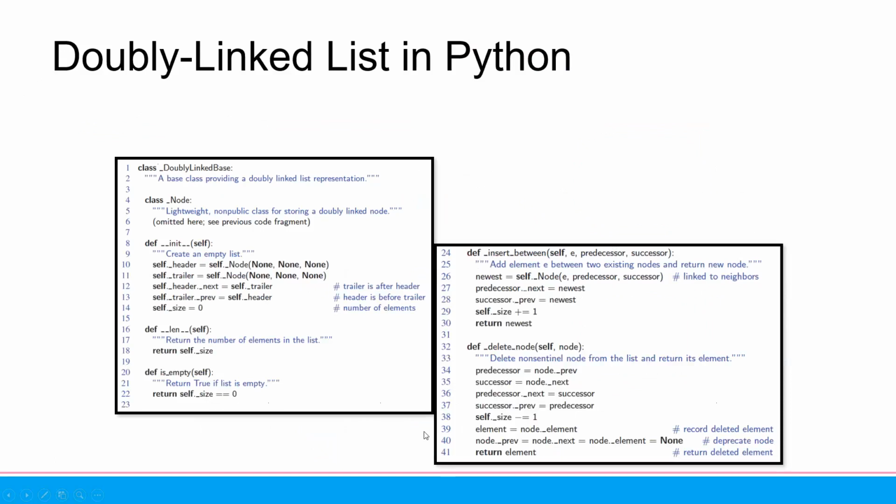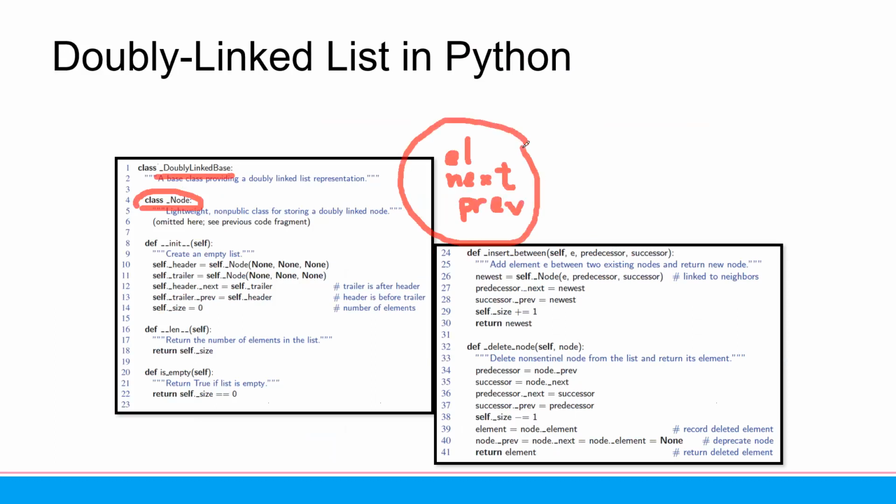This is the doubly linked list. There's a class, doubly linked base, and then the node. In the node, you can make the node with the element, and then you can have the next, and you can have the previous. So those three are the data members.